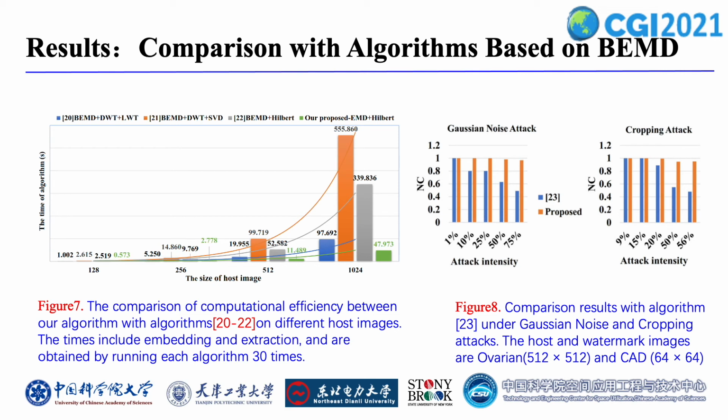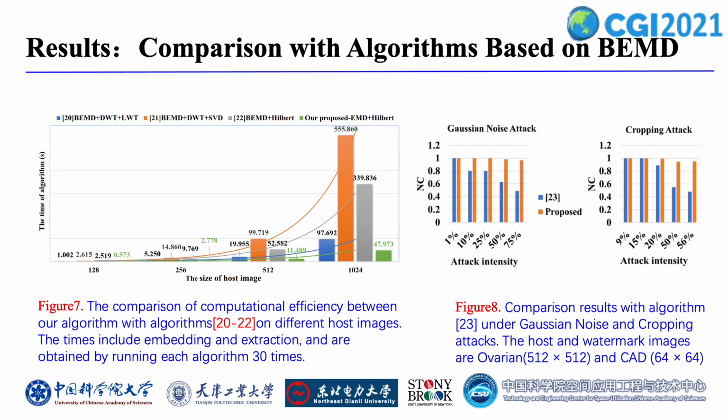The left subfigure shown in Figure 8 gives the comparison results with algorithm 23 under Gaussian noise attacks. Both our algorithm and algorithm 23 are able to achieve NC equal to 1 at a lower intensity of 1% Gaussian noise.